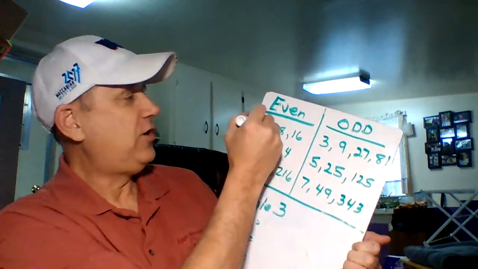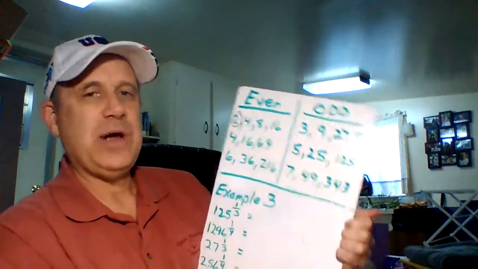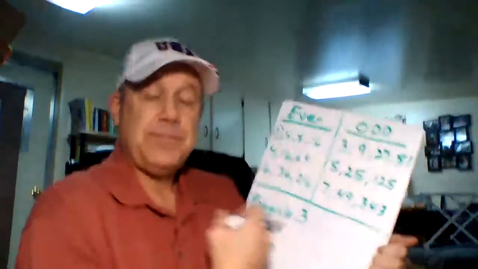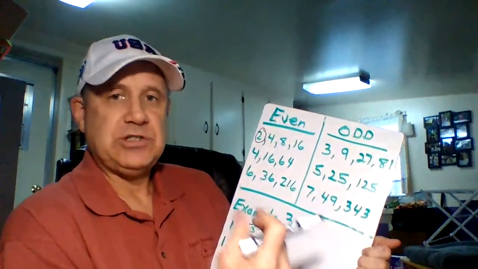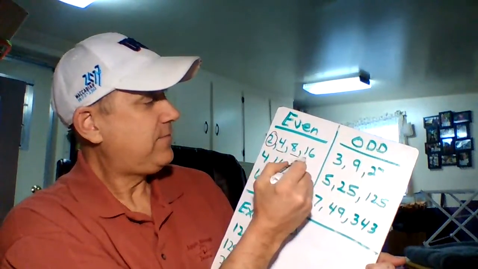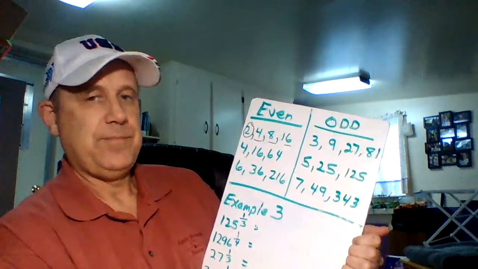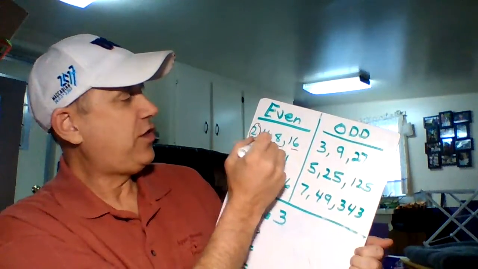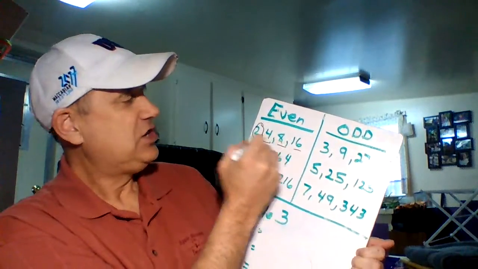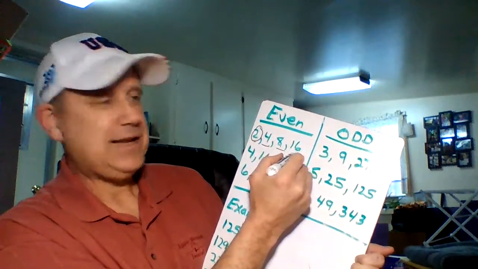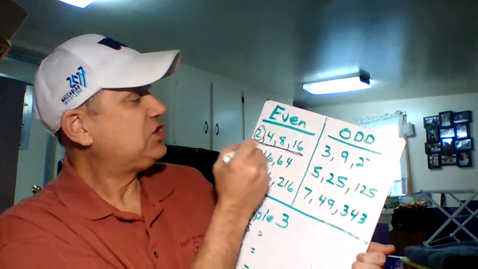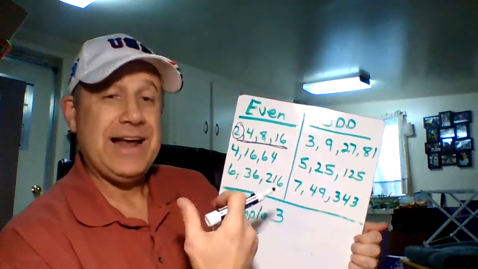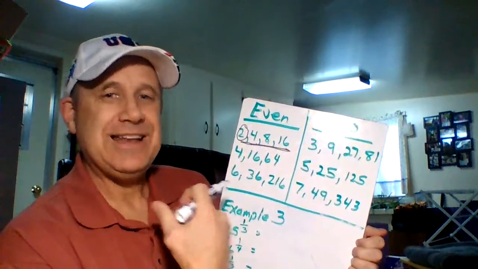So if we start off with 2 as our base, we know all of those exponential numbers are going to be even. 2 squared is 4. 2 to the third is 8. 2 to the 4th is 16. So anytime we have 2 as our base, we know our answer is going to be an even number.